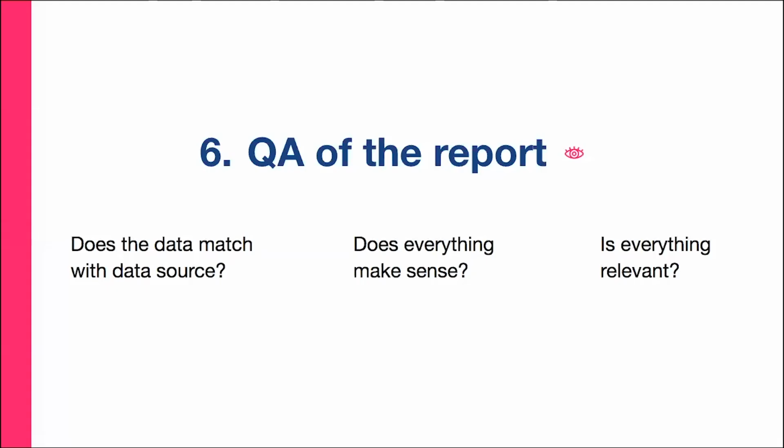However, it's strongly suggested to check if the data included in your report do match with the data in the original data source. There might be many reasons why there are differences. However, it's for the best to check if all is good.